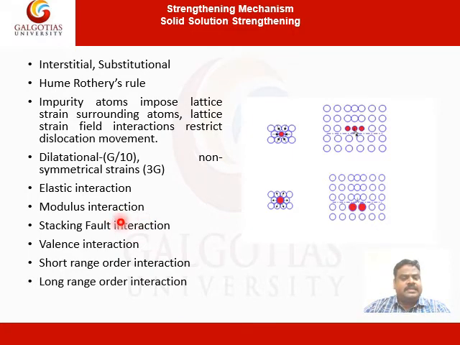As we find, there are various mechanisms proposed to increase the strength: elastic interaction, modulus interaction, stacking fault interaction, valence interaction, short range order interaction, and long range order interaction. These are the mechanisms that play a major role in solid solution strengthening of metals.